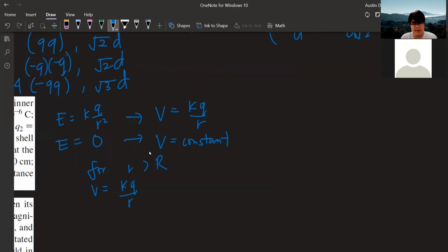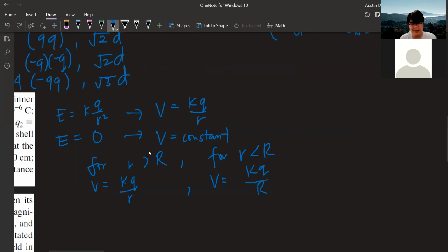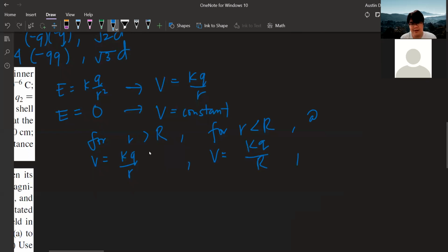And then for r that is less than R, makukuha mo ay V, some constant. Okay? So if you want this constant to be continuous, you can just choose it to be the value of the potential on the surface. So kq over R na lang. Okay? So para equal sila at r is equal to R. Okay?